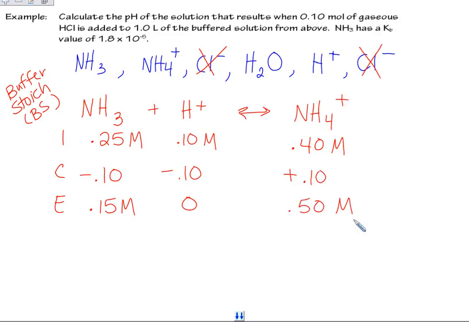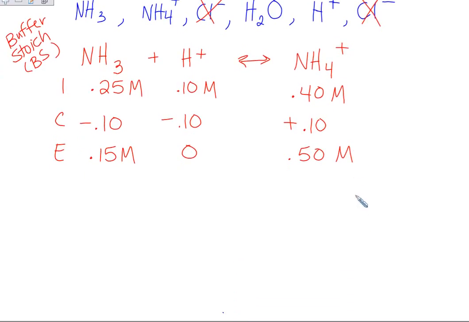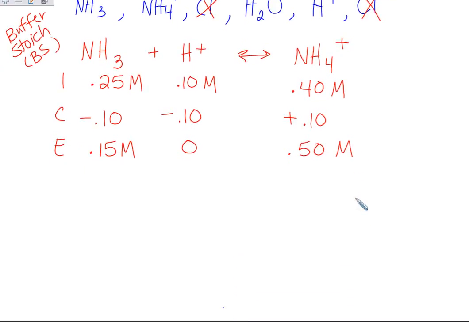Here's where the shortcut comes into play. Before, the way that we did it in the last video, you had to do another ice table and figure out how much of that ammonium ion is going to dissociate. Or you can use Henderson-Hasselbalch. We're going to do a basic buffer.